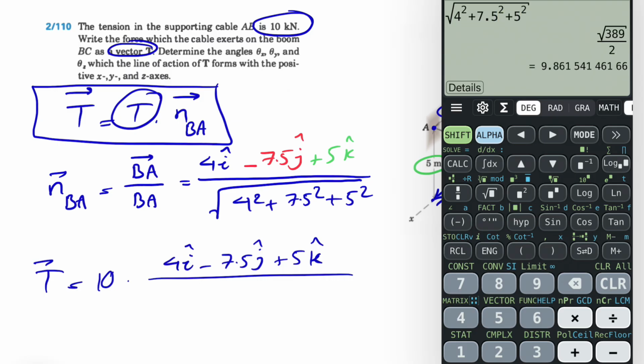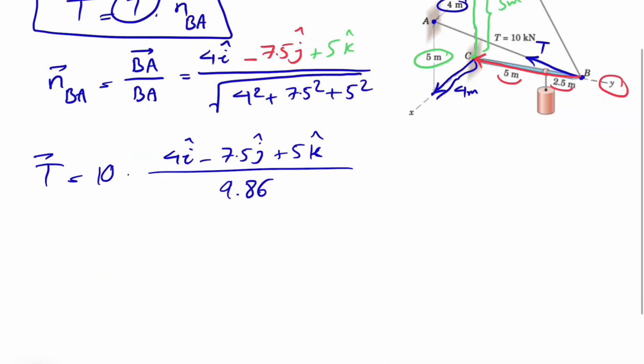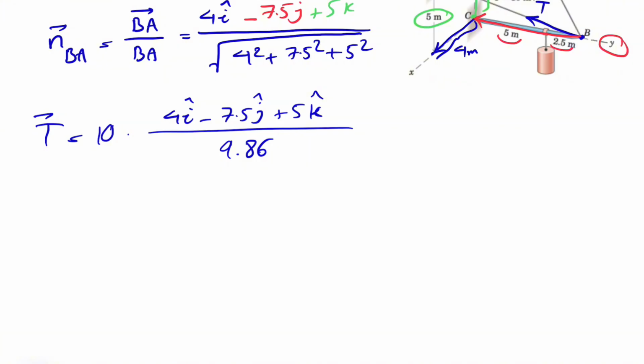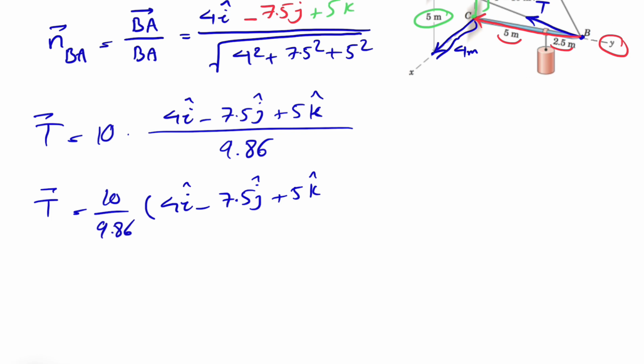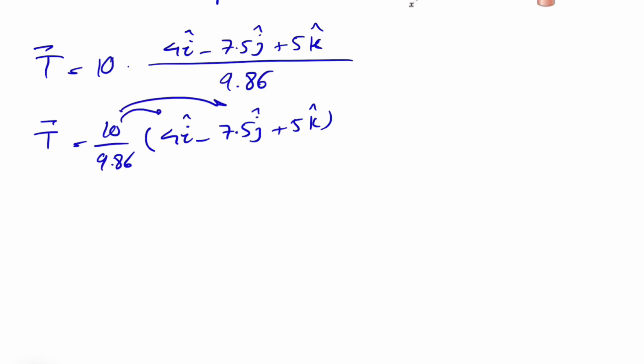That's going to give us 9.86. So all we need to do is 10 over 9.86 times 4i minus 7.5j plus 5k. So we have to multiply this in each of them. And if we do that, we're going to get our T, which will be in kilonewton at the end.